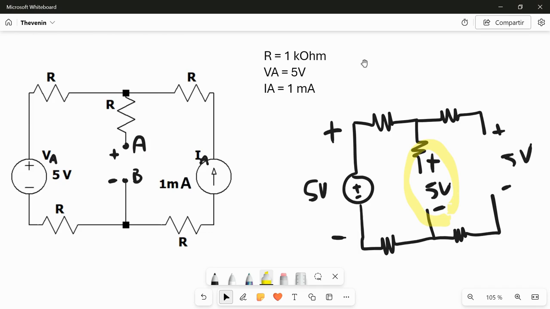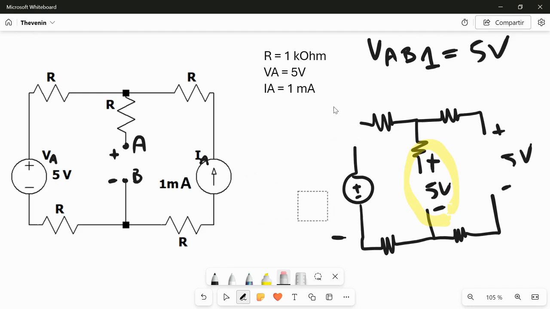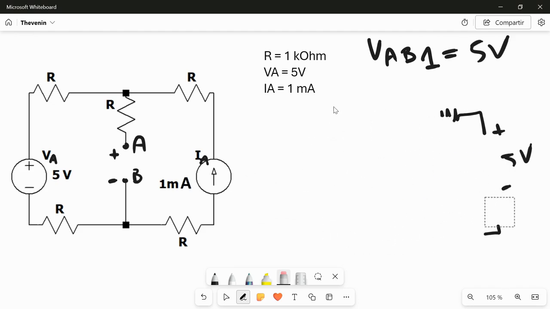So we write down VAB1 is equal to 5 volt. Let's delete this drawing and see the next one.